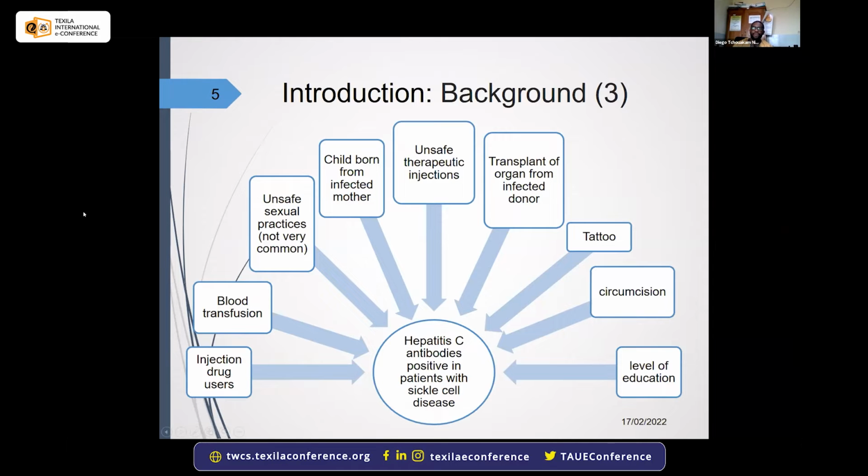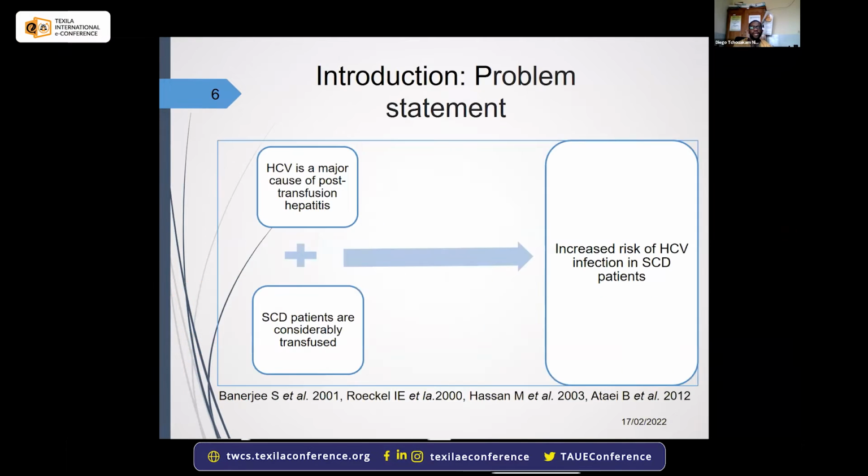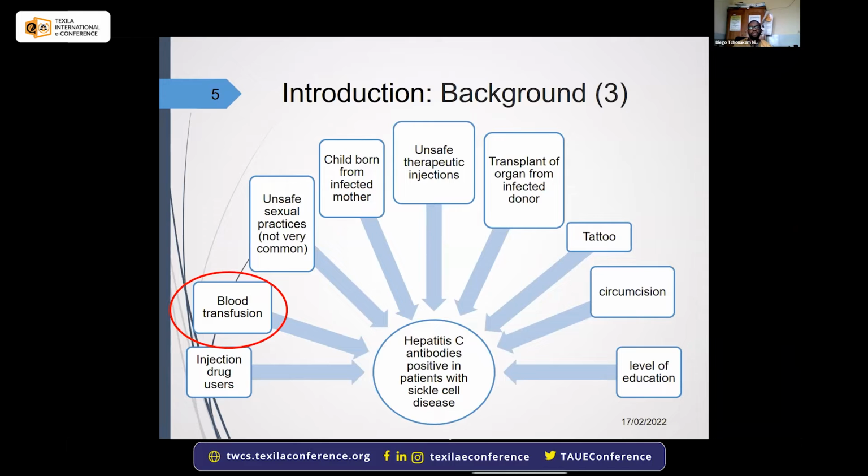Among the risk factors of hepatitis C virus infection, blood transfusion was recognized as a major route of transmission before the advent of blood screening for hepatitis C prior to transfusion. In Cameroon, this was only implemented around 2005, so many children would have been infected by then.